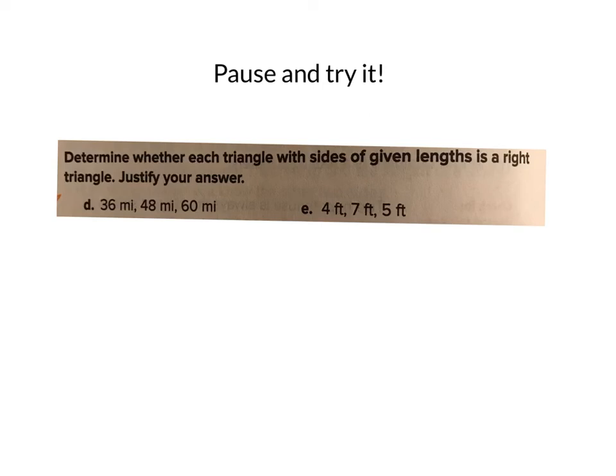All right, so pause here and try this on your own. Try that converse out and see which ones of these triangles that are given below are right triangles. So again, I am looking at c squared equals a squared plus b squared for both of these.